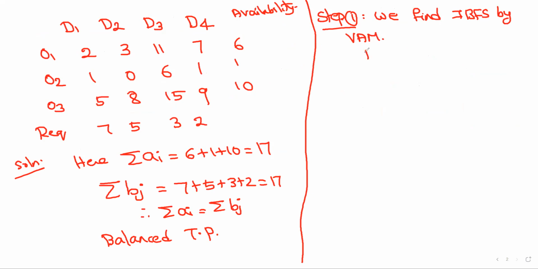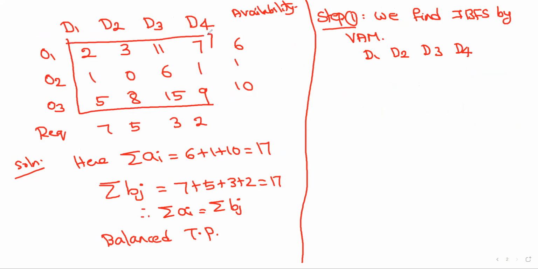Come right here. D1, D2, D3, D4. Always you have to write the table like this only. Availabilities and requirements should be outside, so that we can't confuse. 2, 3, 11, 7, 1, 0, 6, 1, 5, 8, 15, 9.